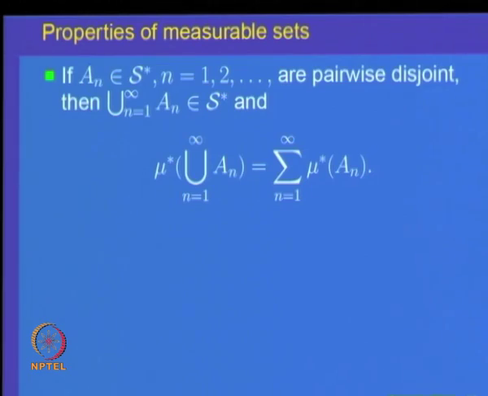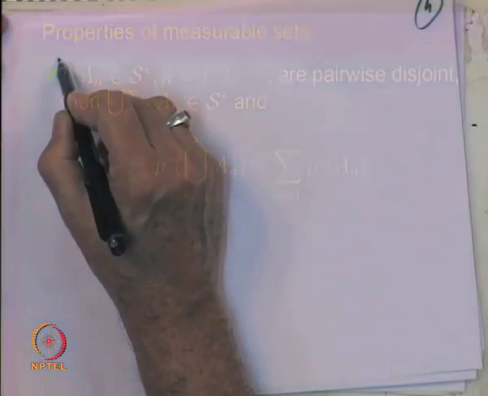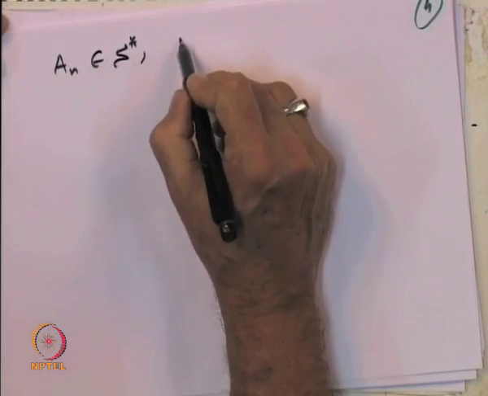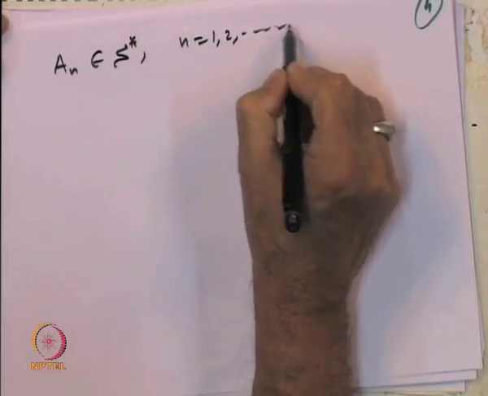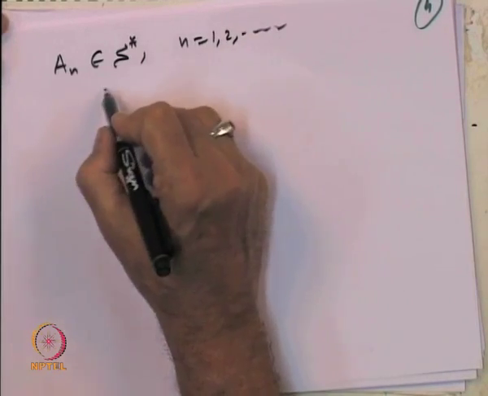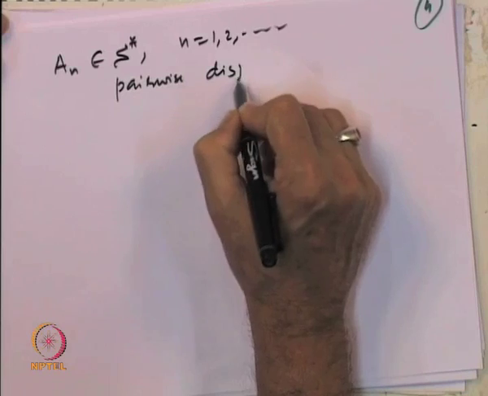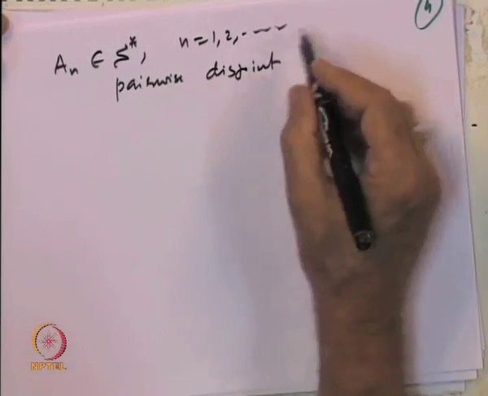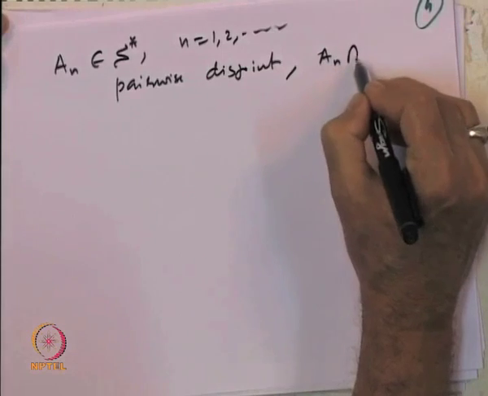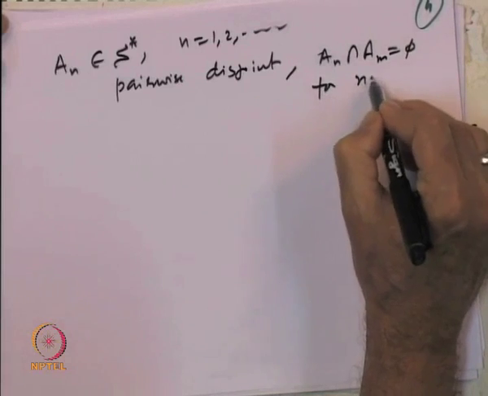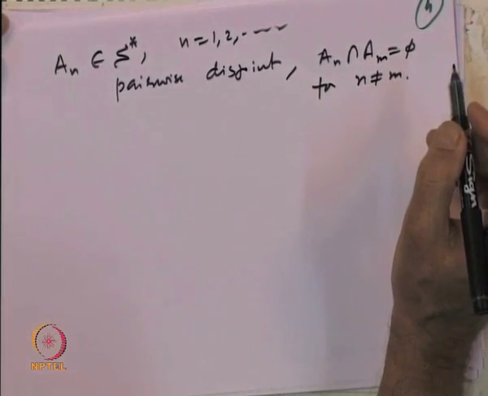So, let us take A n belonging to S star, n equal to 1, 2 and so on, pairwise disjoint. That is, A n intersection A m is empty for n not equal to m.